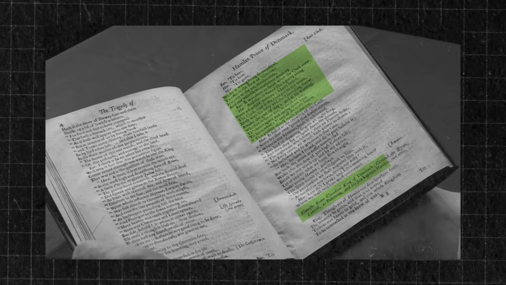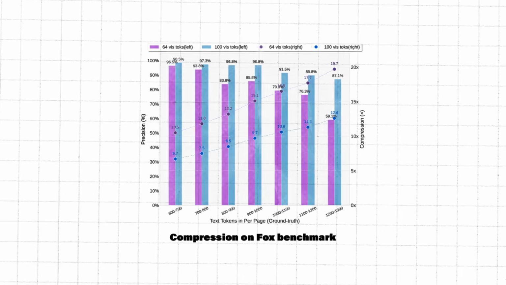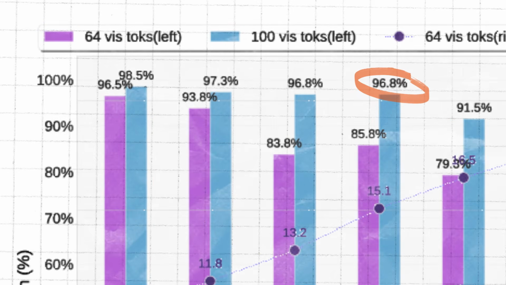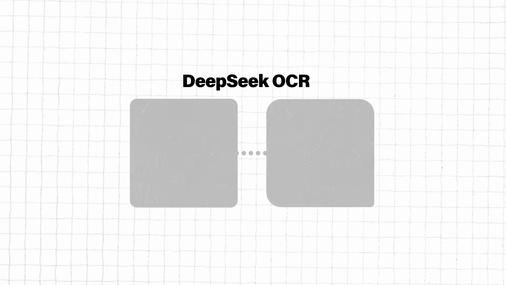The model can still understand headings, tables, and footnotes while using way fewer tokens. In simple terms, the system holds the layout together so the model can read the document with better structure. At around 10 times compression, it still reaches close to 97% accuracy. Even at higher compression levels, the page structure remains recognizable.